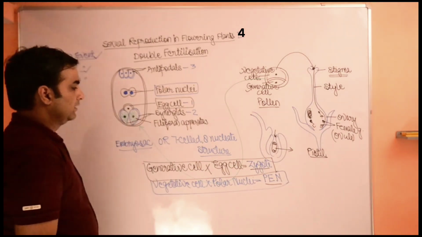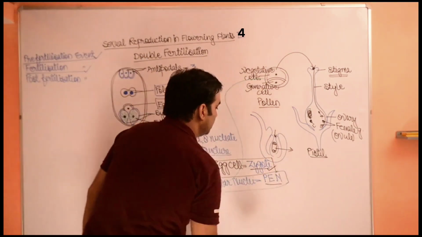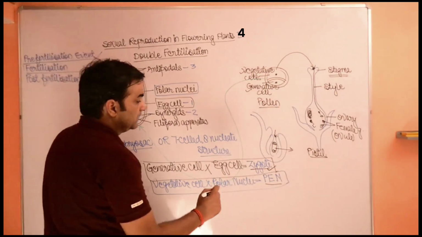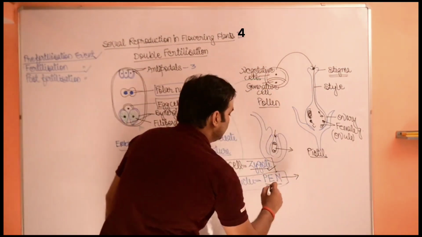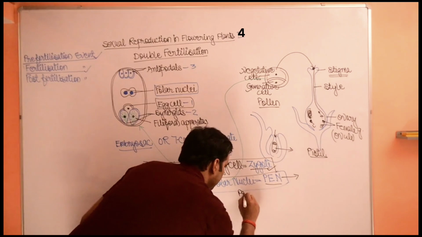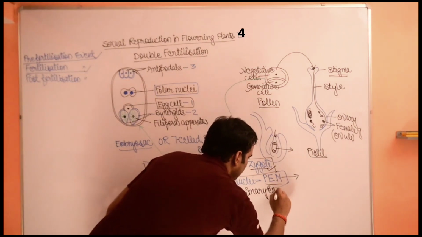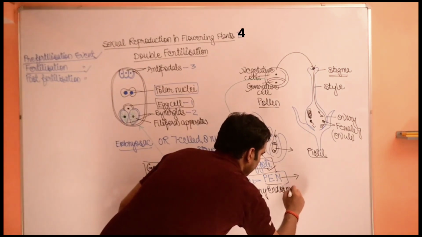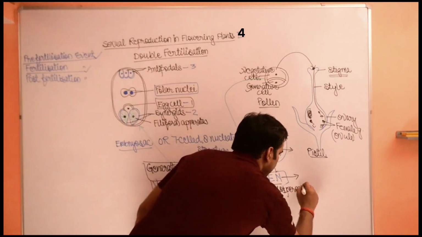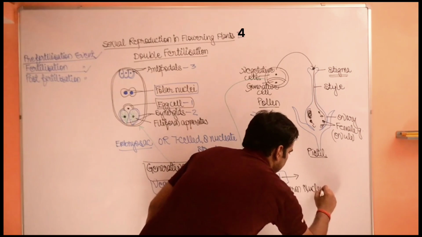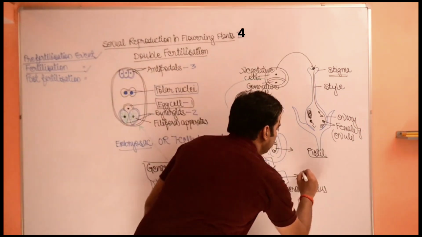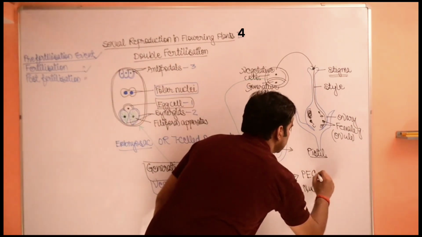Now what will happen? This zygote will develop, and this primary endosperm nucleus develops into the primary endosperm cell.